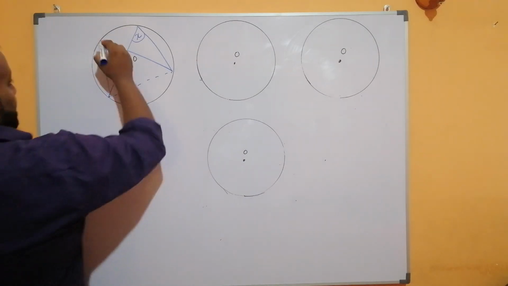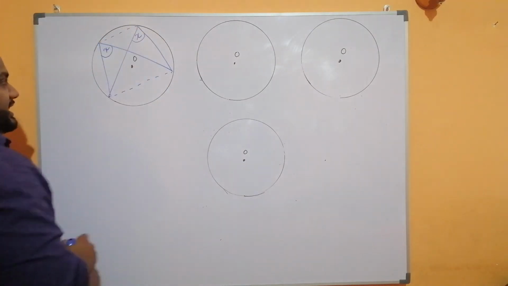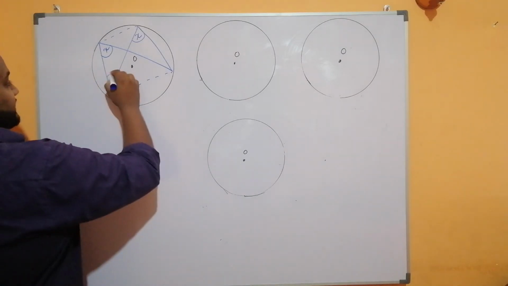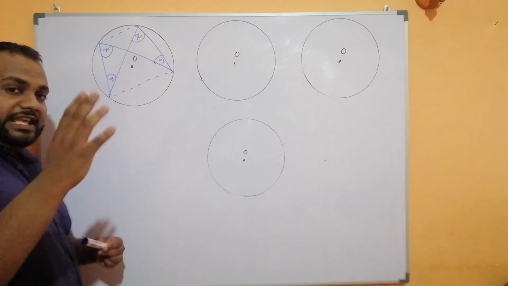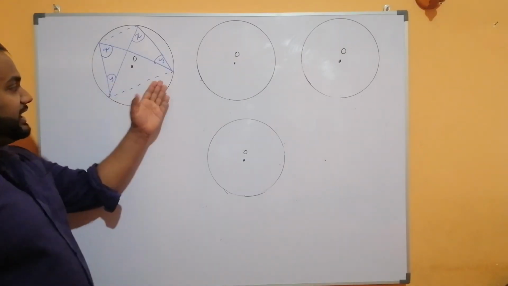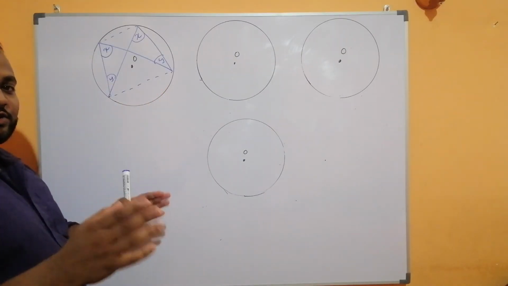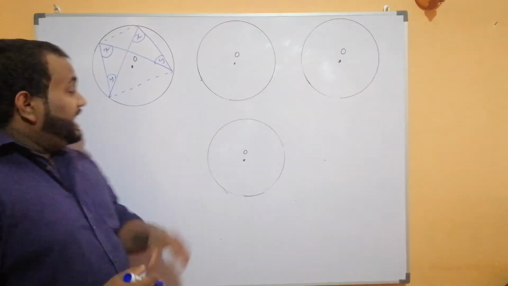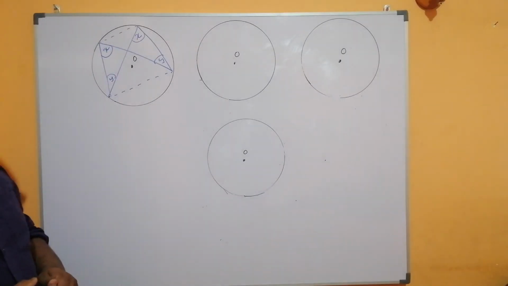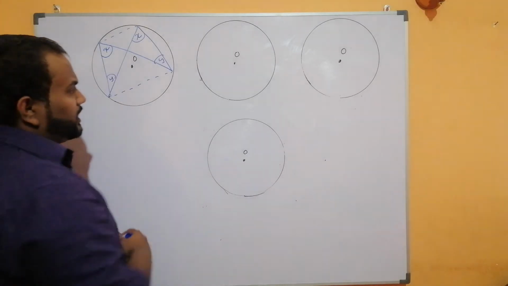Similarly, by drawing a chord here, we can also say that these two angles are equal. Remember, even though a chord is not given in the diagram, you all should know that these fall under the theorem of angles of the same segment are equal.